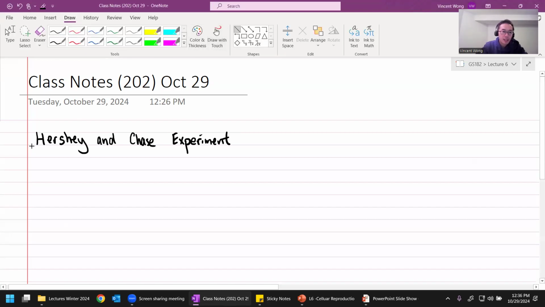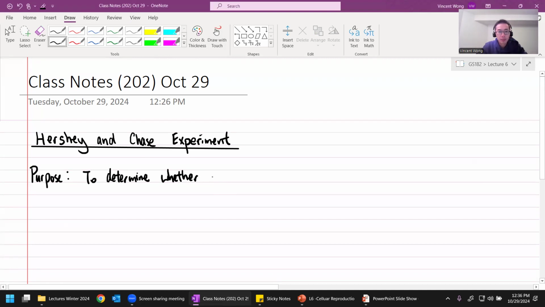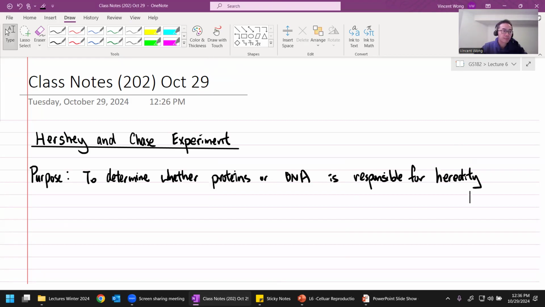So the purpose of the Hershey and Chase experiment is to determine whether proteins or DNA is responsible for heredity. Okay, that's the purpose.